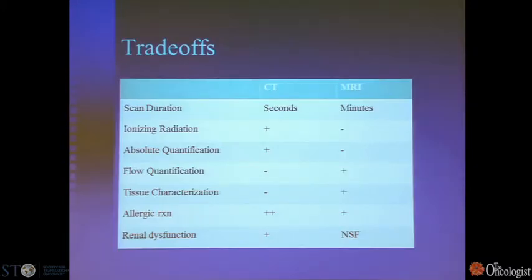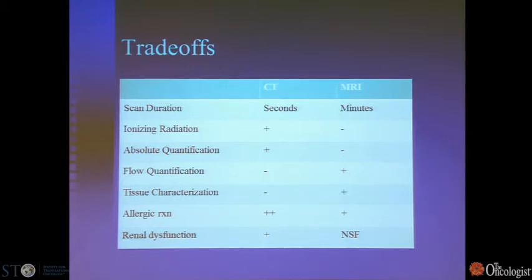One big advantage of CT is the time it takes to acquire an image, which is in seconds as opposed to MR, which more commonly is several minutes for a complete study. Ionizing radiation, of course, is present in CT.